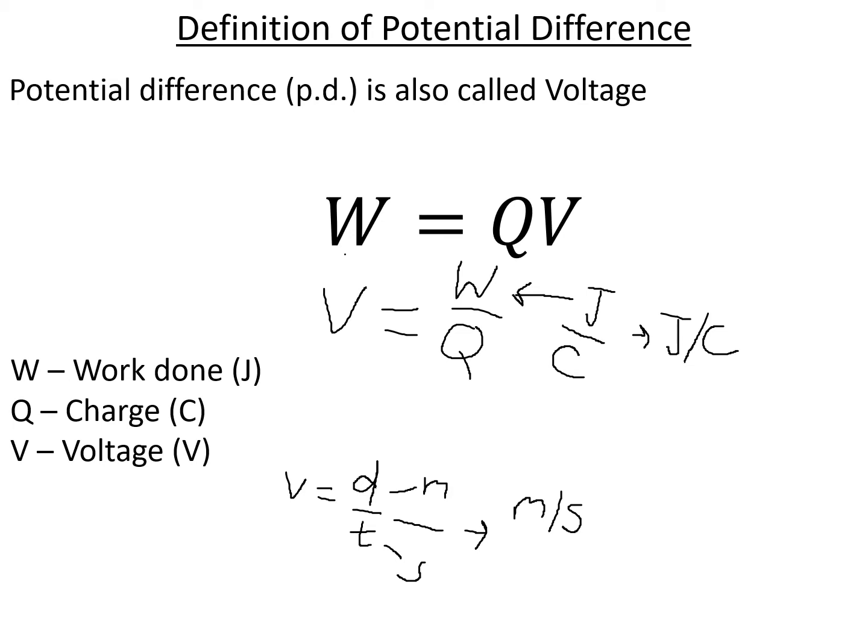Now, we can apply this to any equation we want. So for example, the equation for current, remember you've just done this previously, I is equal to Q over T. So if we swap the letters for the symbols, Q, remember, is measured in coulombs, or capital C. Time is measured in seconds, and that's coulombs over seconds, or it's coulombs per second.